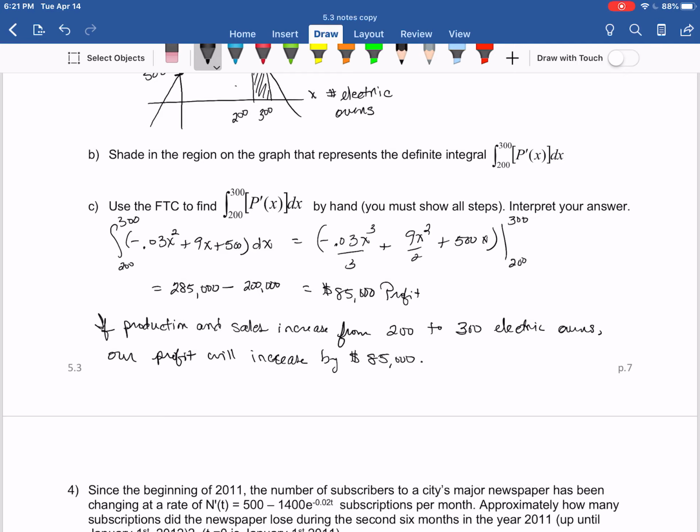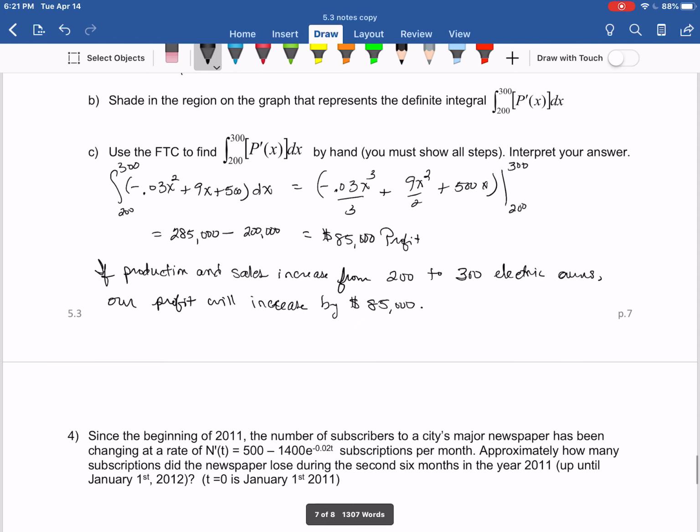Okay, so that is the profit we earned from the production and sale of the 200th through the 300th electric oven. Does that make sense?